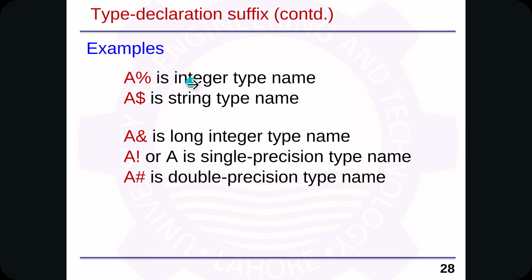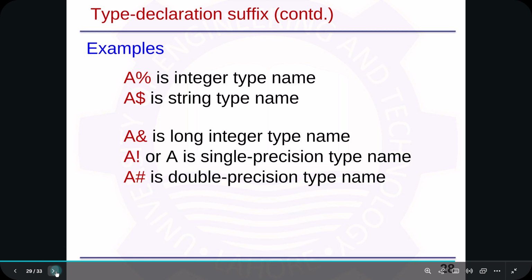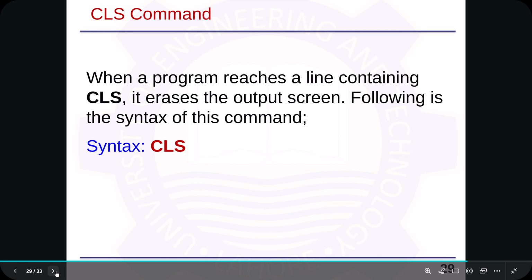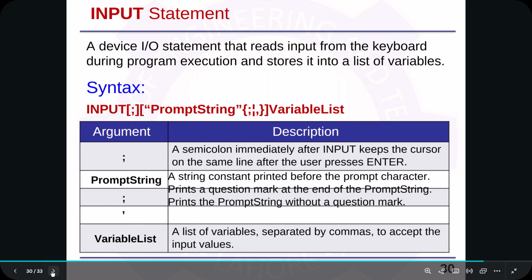Commands. Let's talk about the first command, CLS. CLS erases the output screen, it clears the way, it gives us a clean slate, a clean screen for putting our code there. We also have the INPUT command, which reads our input from the keyboard.